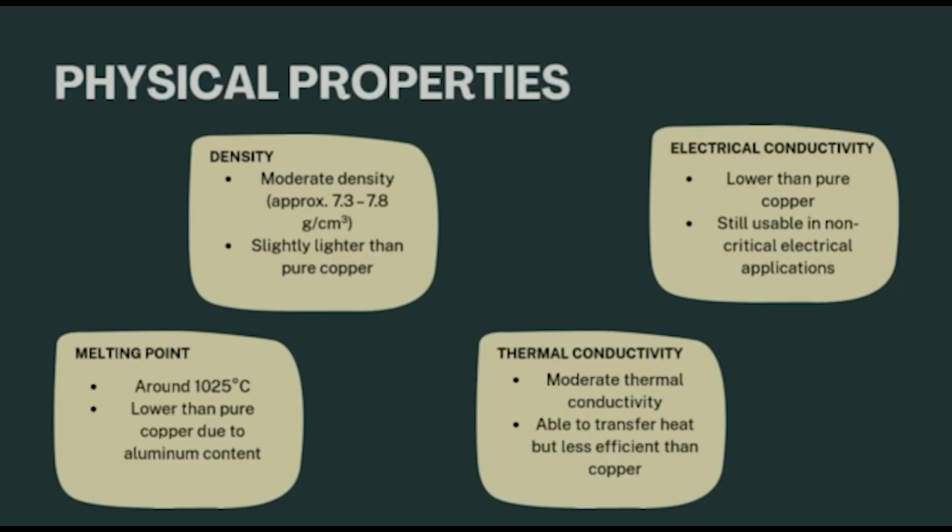For the physical properties, there are four properties that we could see. First of all, density, with a moderate density of approximately 7.3 to 7.8 grams per cubic centimeter, slightly lighter than pure copper. The second one, electrical conductivity, which is lower than pure copper. The third one is melting point, around 1025 degrees Celsius, and last, thermal conductivity, where it is able to transfer heat but less efficiently than copper.